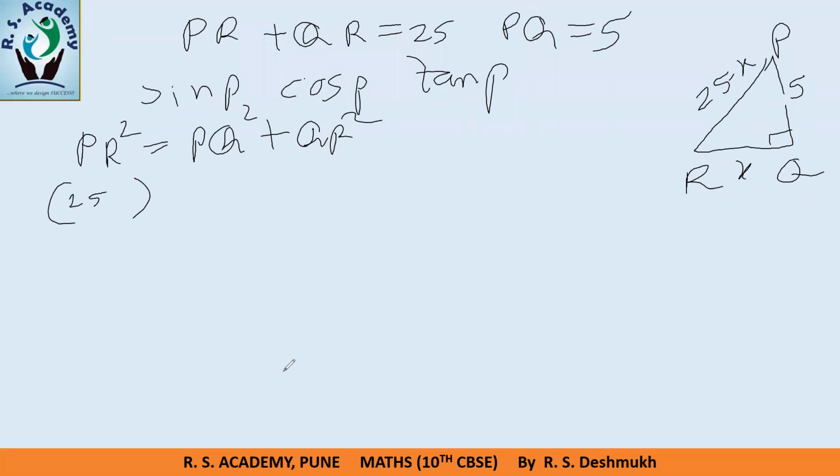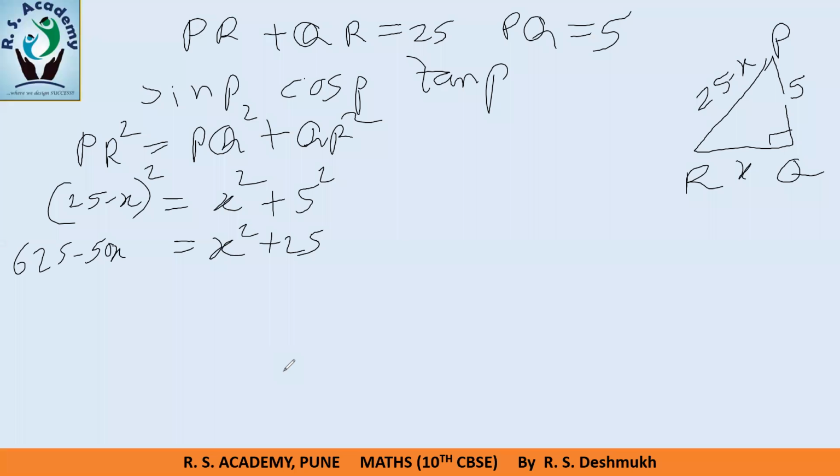This indicates (25 minus x) whole square is equal to x square plus 5 square. So what will happen? This will become x square plus 25, that is equal to 625 minus 50x plus x square.